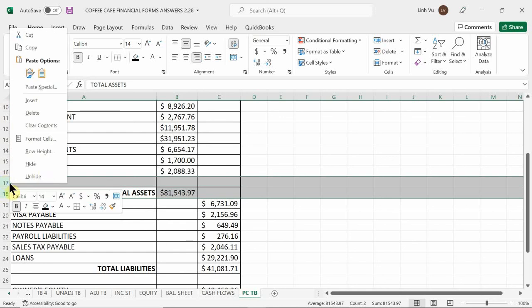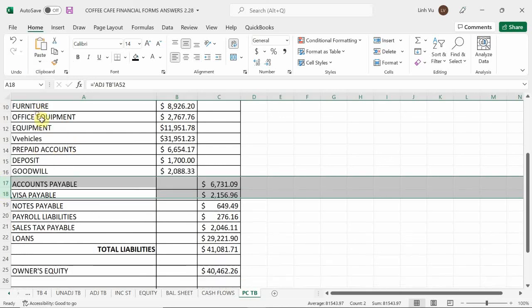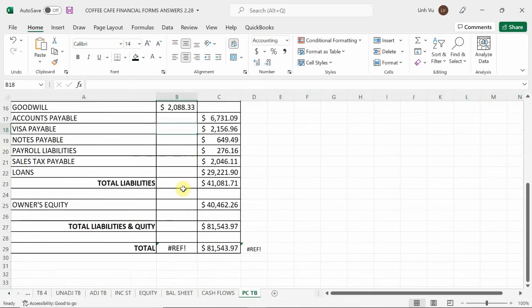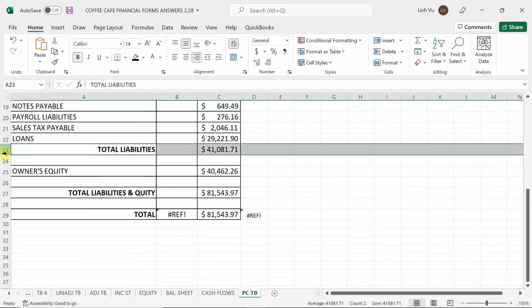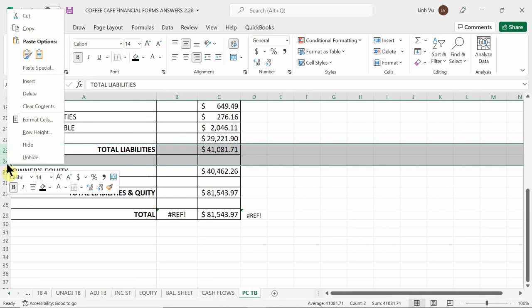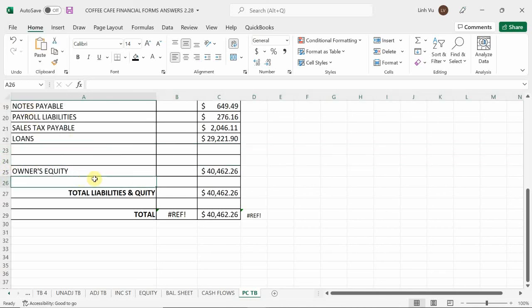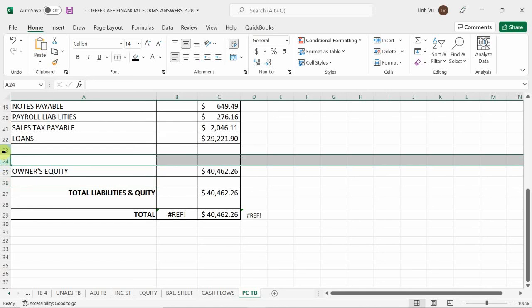We can get rid of them because we're trying to test the debits and credits. And of course, we can also get rid of this line right here and this line right here. Okay, and I guess these lines too.